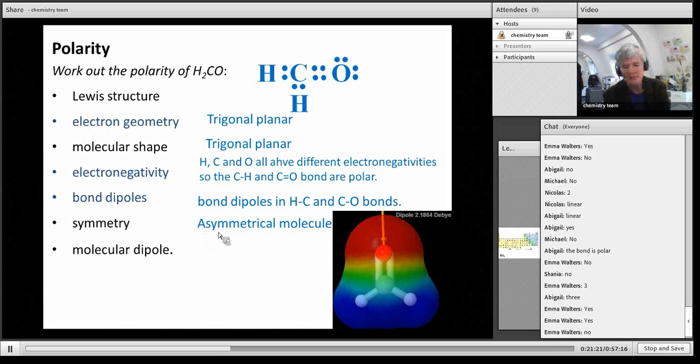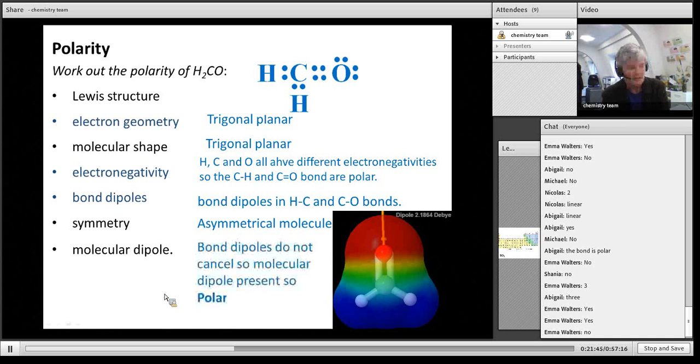I think that's sort of come from America, but New Zealand is very based more on British English, even though we spell sulfur with an F. So we say asymmetrical. They won't mark you wrong if you say non-symmetrical, but it's not the right terminology we use. Okay, and so the bond dipoles don't cancel, and so there is a molecular dipole, that yellow thing sticking up there, so the molecule is polar.